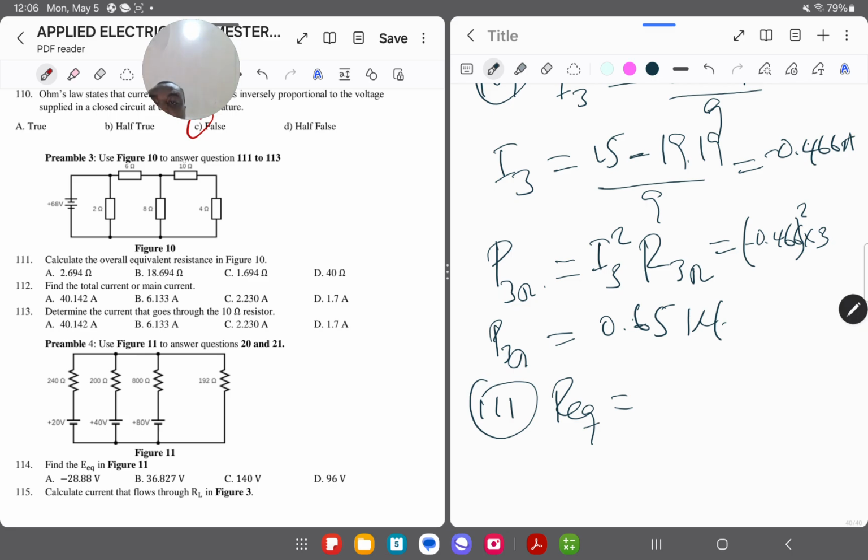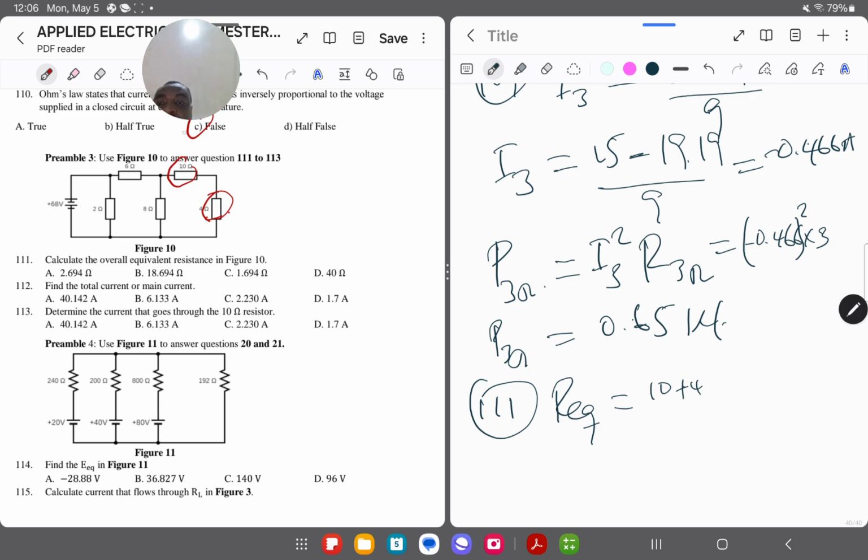We can see that we have 10 ohms. It's in series with 4 ohms. So the equivalent resistance there is going to be the product, sorry, the sum. So I'm going to have 10 plus 4.